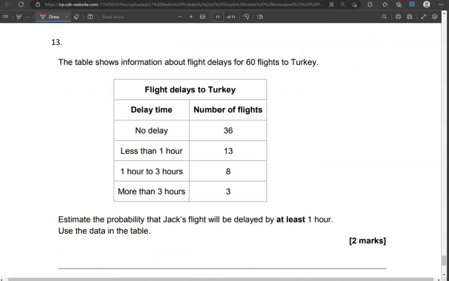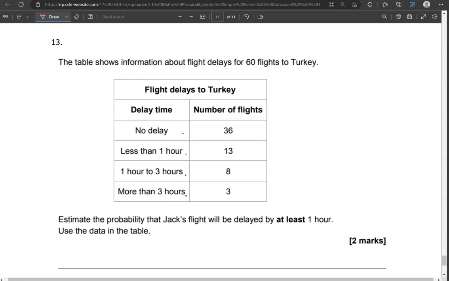The table shows information about flight delays for 60 flights to Turkey. Estimate the probability that Jack's flight will be delayed by at least 1 hour. Use the data in the table. So we have delay time and number of flights. No delay, less than 1 hour, 1 hour to 3 hours, more than 3 hours.